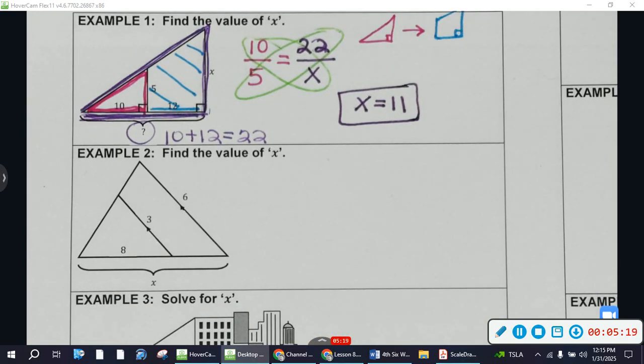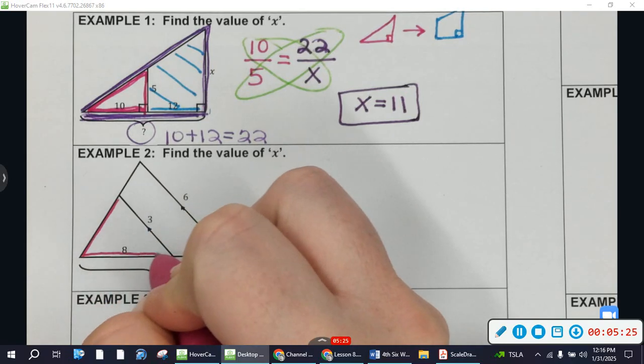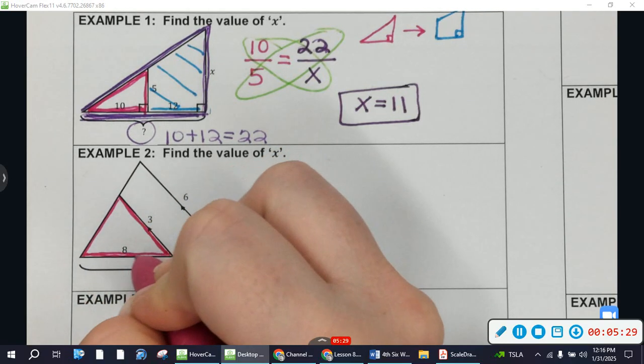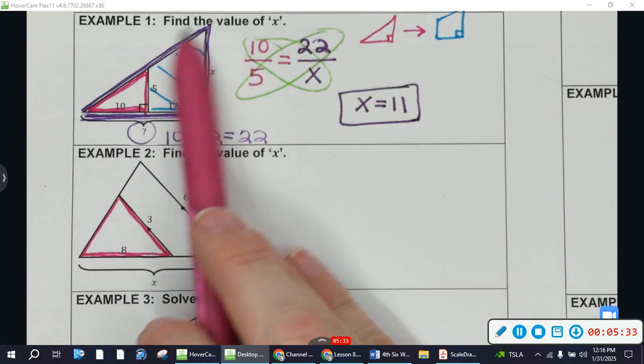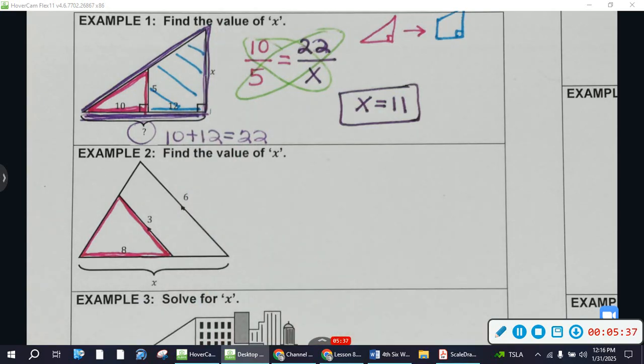Next, we're going to look at our two different triangles here. Just like last time, I have a smaller one inside of a larger one. Earlier, I compared little triangle parts to big triangle parts. This time, I'm going to set them up in corresponding orders.